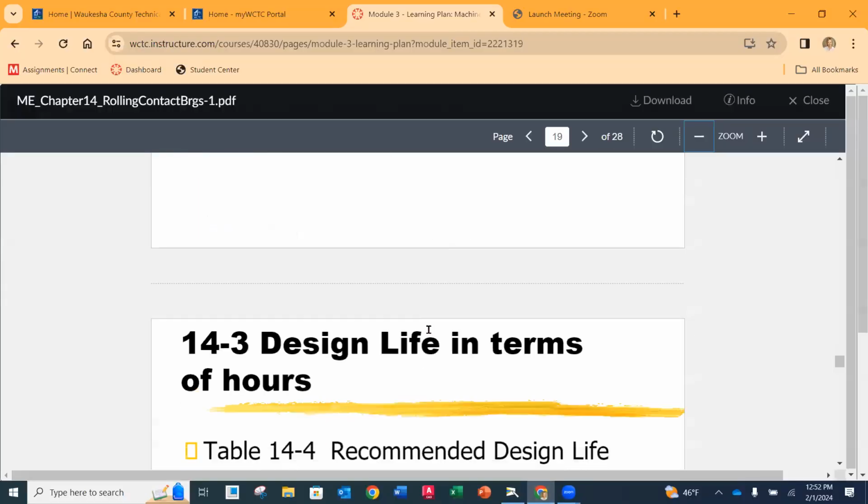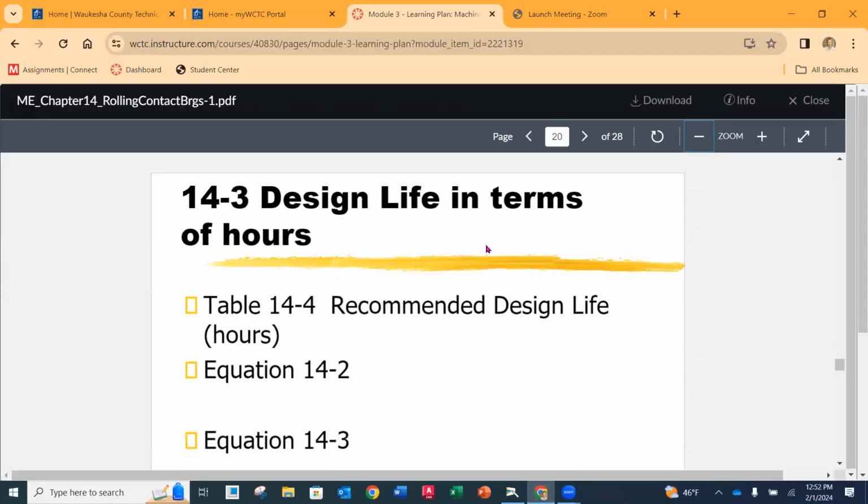Let's talk about design life. Design life in terms of hours. Many pieces of equipment, instead of having how many revolutions something is, or how many miles something goes, are rated in hours. So like agriculture tractors, how many hours are on that tractor?